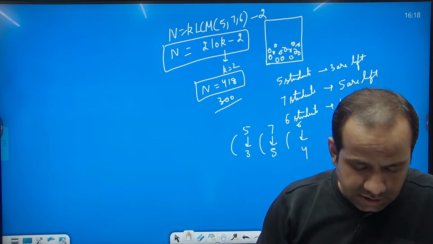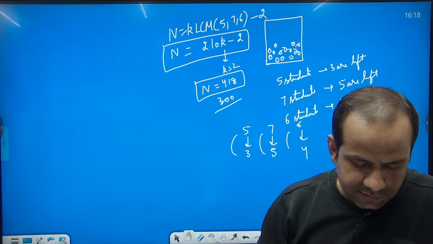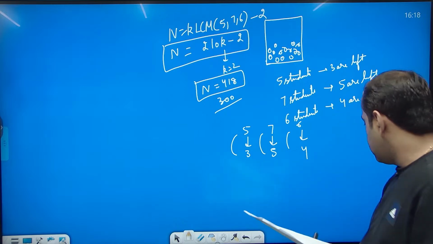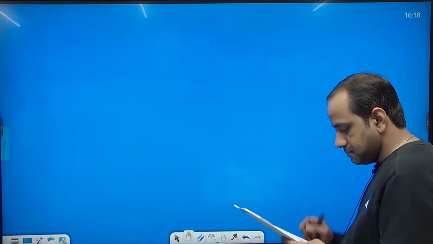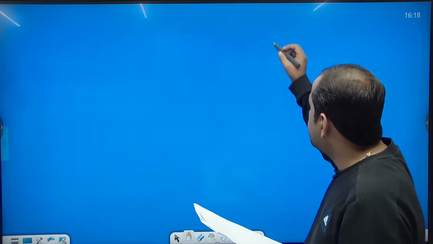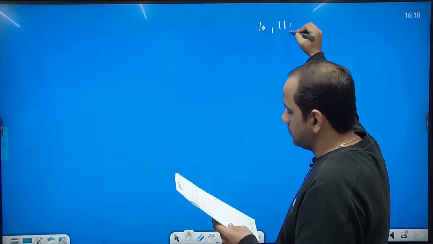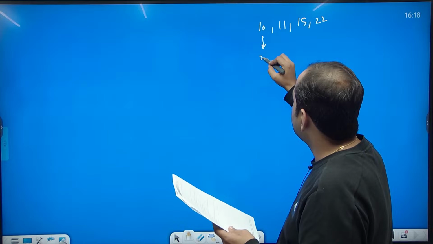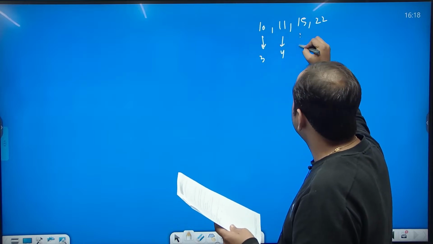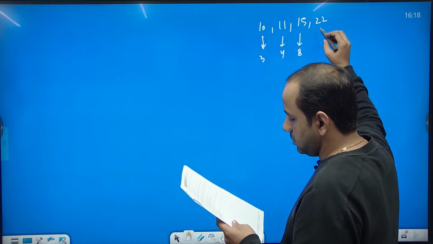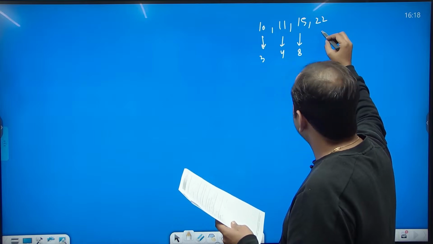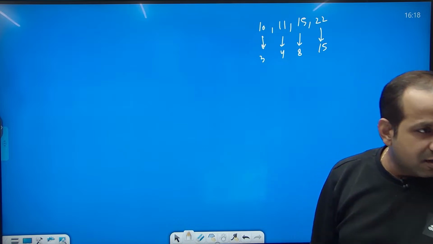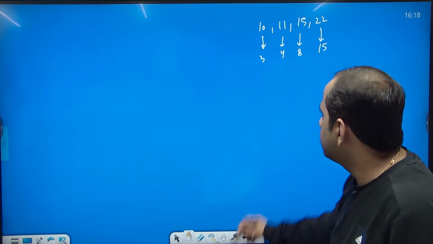Question number 36. Okay, see question number 36. Find the greatest number of 4-digit which when divided by 10, 11, 15 and 22 and its leaving remainder is 3, 4, 8 and 15. ये तो वैसा ही बन रहा है LCM मॉडल 2, because difference here is 7.